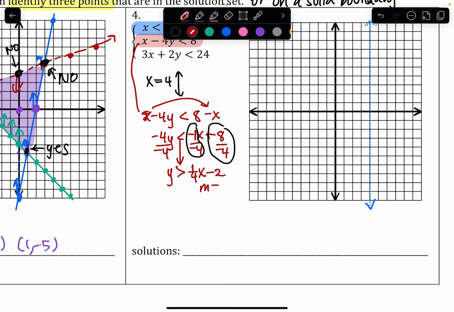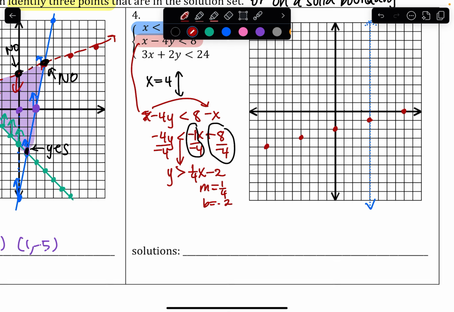Okay, and so my slope is 1/4. My y-intercept is -2. So up 1 over 4. Got an intersection. Up 1 over 1, 2, 3, 4. You can go down 1, back 4. Down 1, back 4.